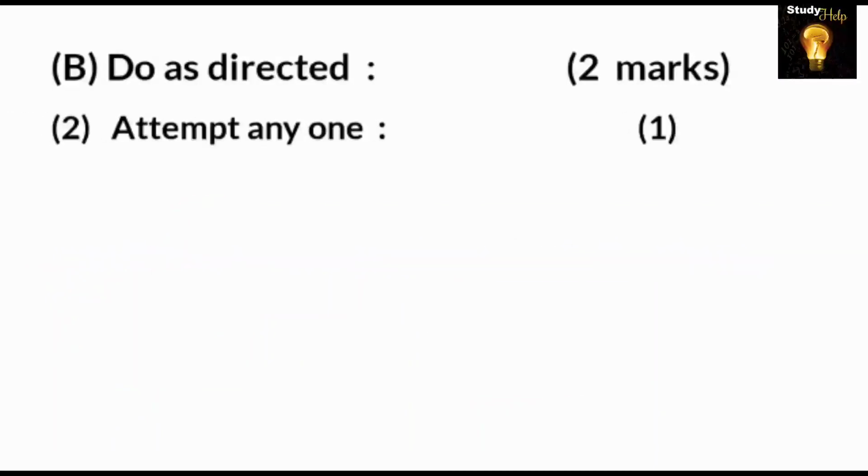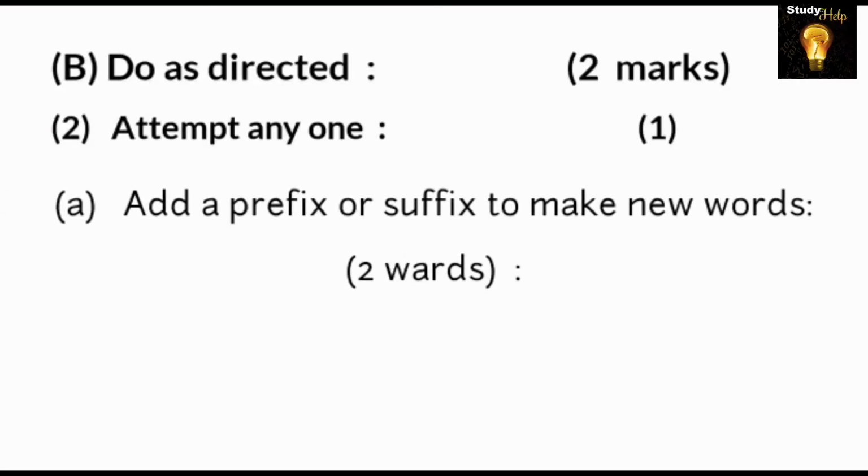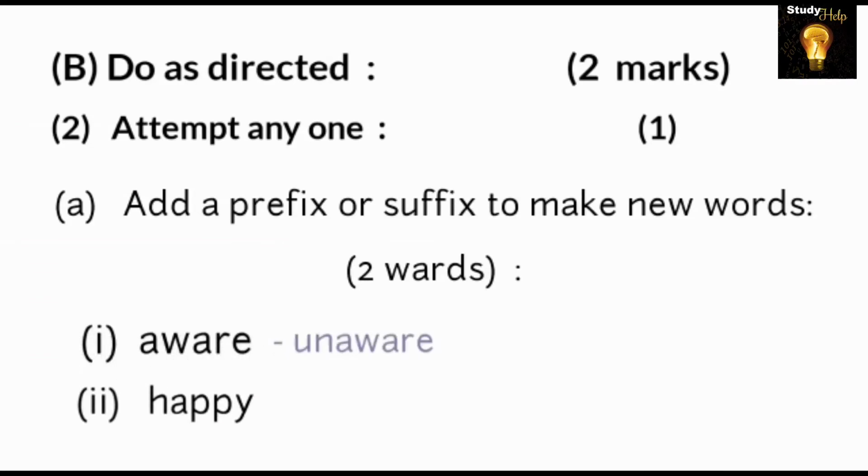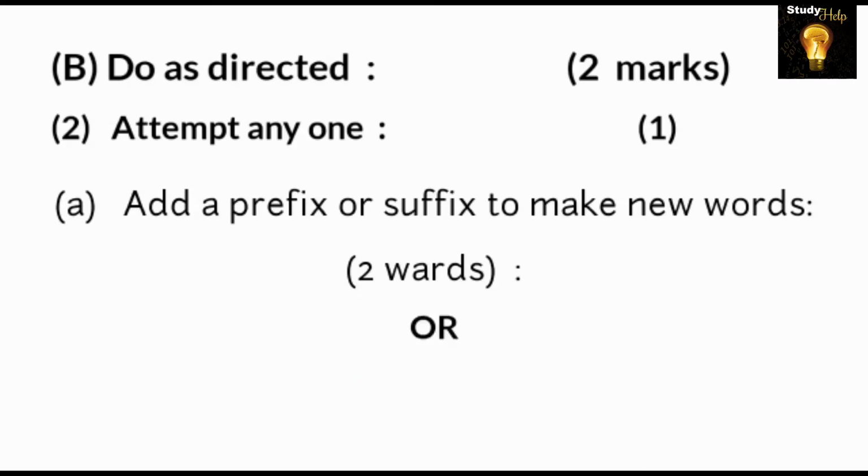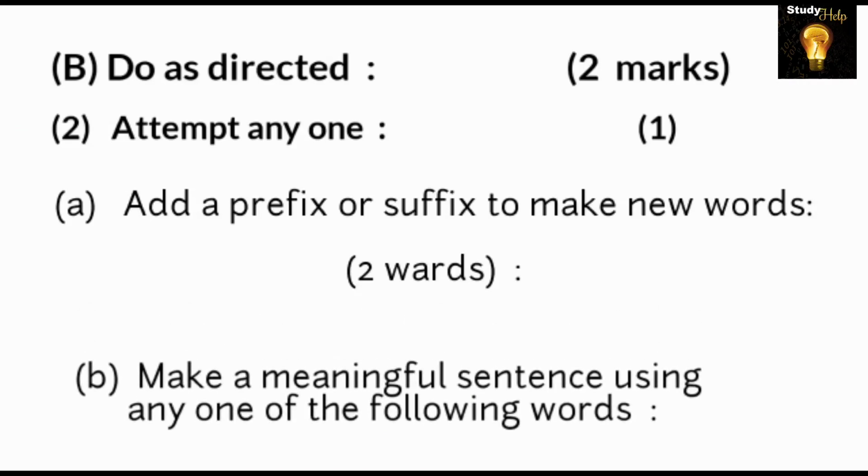Then second, attempt any one again. 2 sentences will be there. First one, add a prefix or suffix to make new words. 2 words will be given, aware and happy. For example, unaware and happily, we have used here prefix as well as suffix. You can get 1 mark for that.